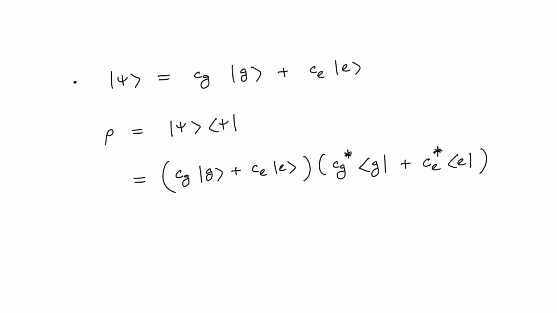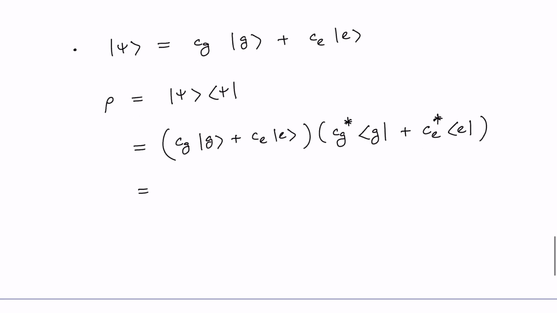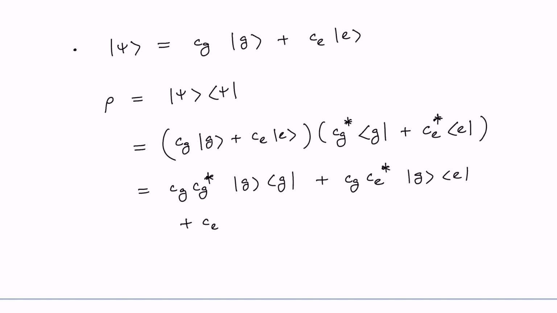If I open it up, then I will have terms like c_z c_z star |z><z| plus c_z c_e star |z><e| plus c_e c_z star |e><z|, and we'll have c_e c_e star |e><e|.